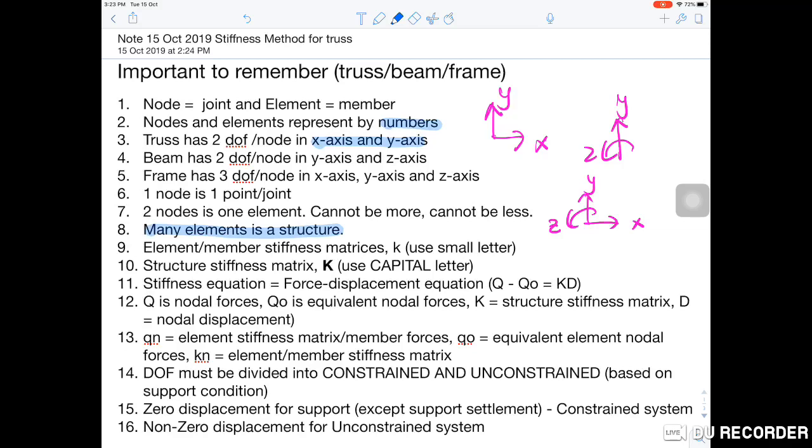After we have established the stiffness matrix for the structure, we will apply the stiffness equation, also called the force displacement equation, in order to determine the unknown displacements and unknown reaction forces.